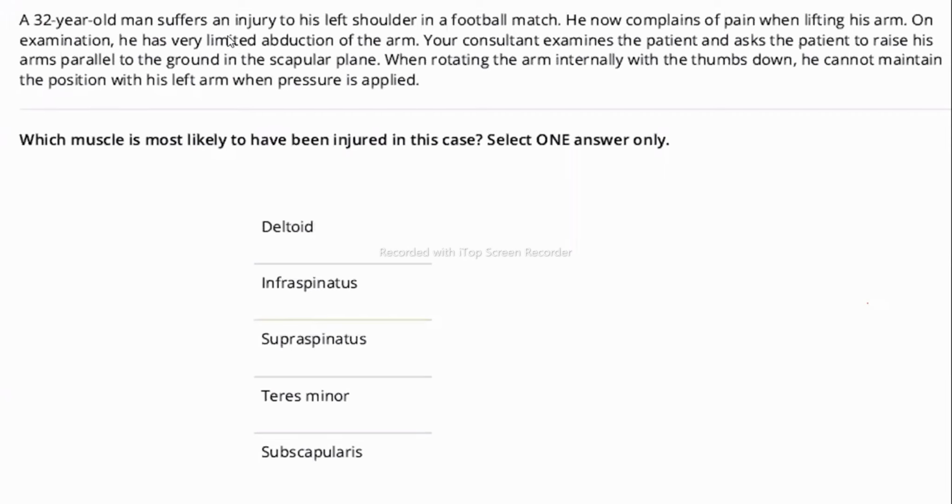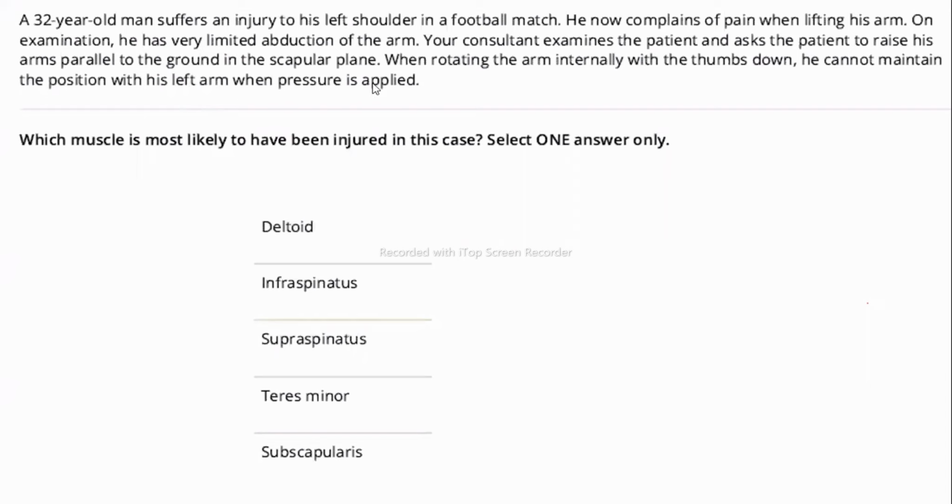Tear. Your consultant examines the patient and asks him to raise the arm parallel to the ground, in the scapular plane, while rotating the arm internally with the thumb down. Which test is this one? Empty can test. Excellent. He cannot maintain the position with his left arm when pressure is applied.